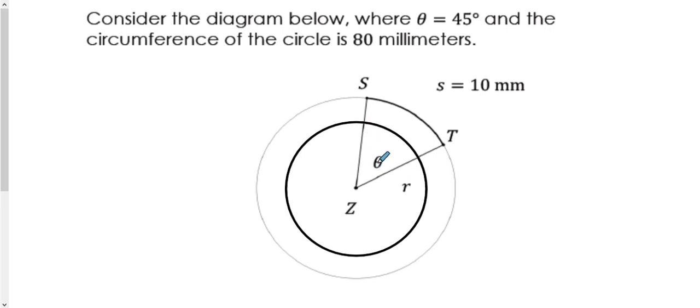Would the angle measure from this original angle theta from here to here change at all, depending on if it's going out to the larger circle or only out to the smaller circle? Hopefully you realize this angle measure does not change. It's still the same angle measure.